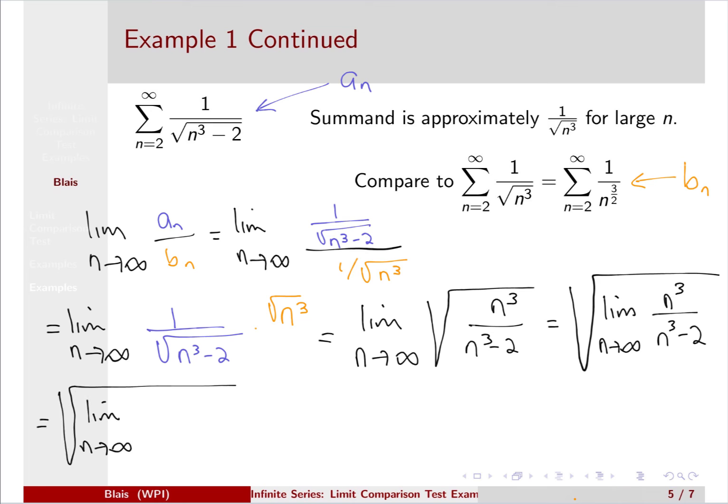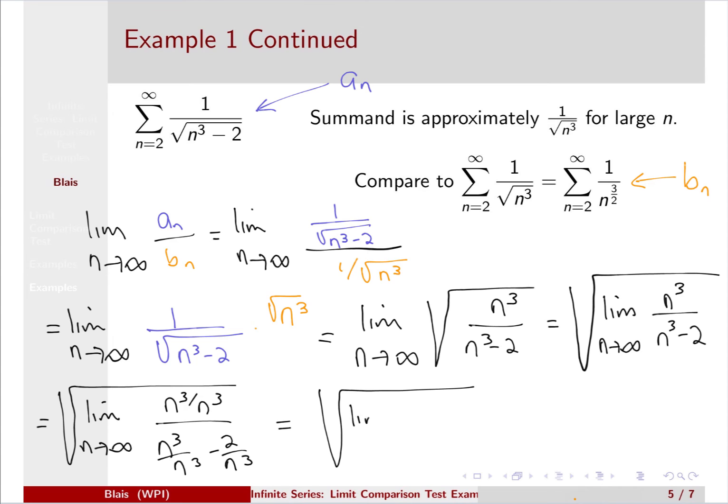To evaluate the limit of a rational function like this, identify the dominant term in the denominator, and divide every term in the denominator and numerator by that dominant term. The dominant term in the denominator is n cubed. So we have n cubed over n cubed in the numerator, divided by n cubed over n cubed minus 2 over n cubed in the denominator.